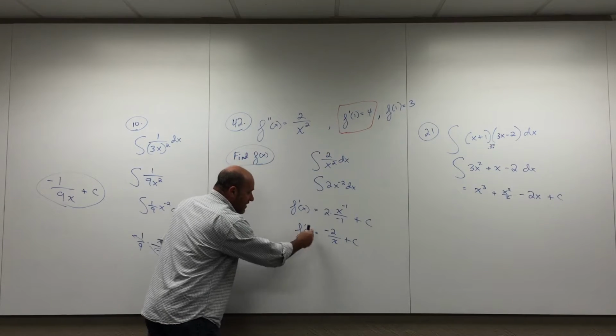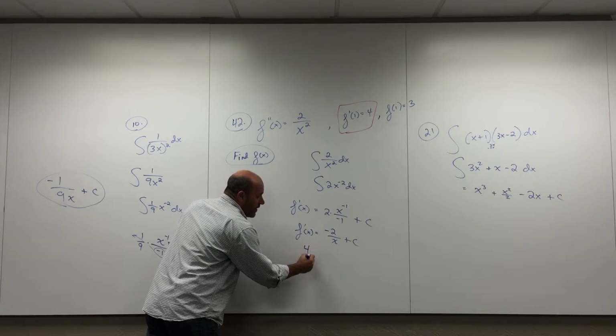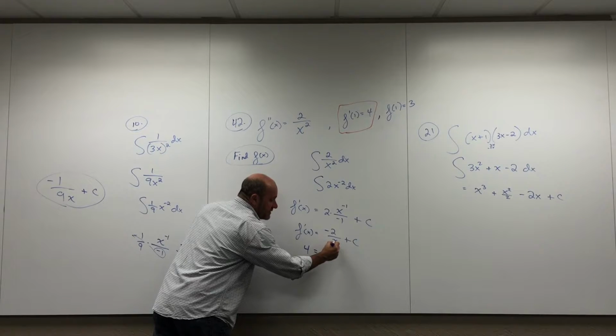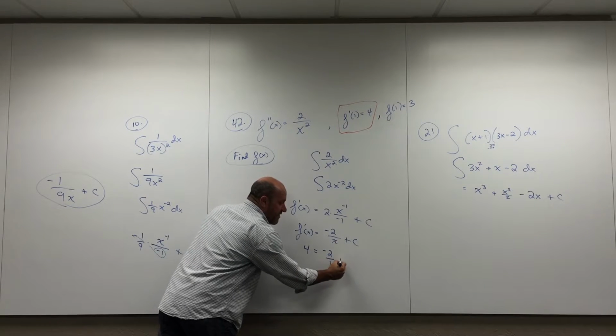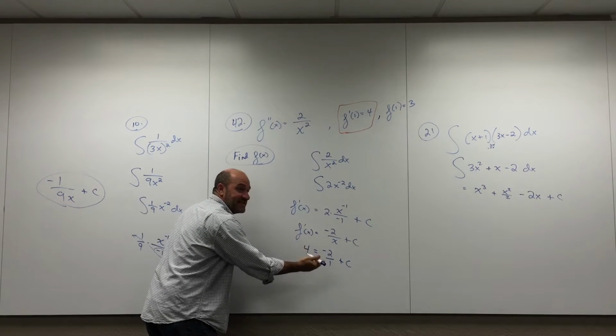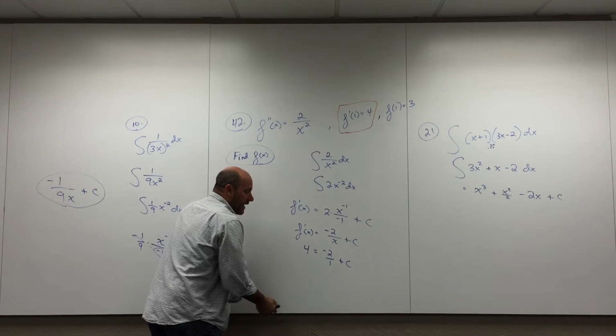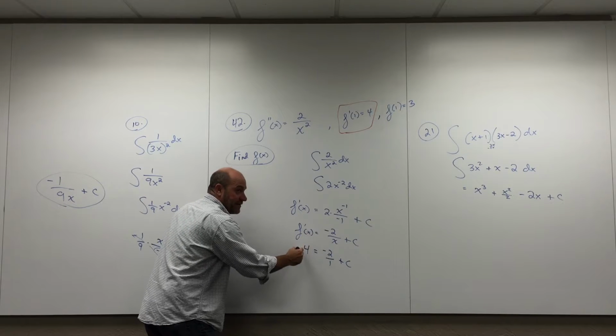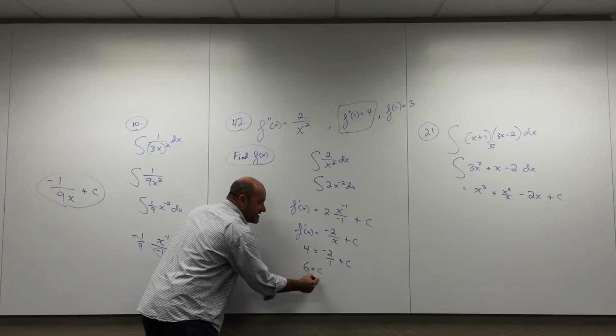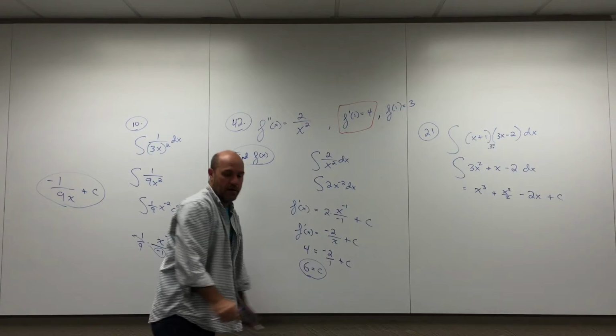So let me try that. The value of this derivative will be a 4. What am I plugging in for x? A 1. And look what that does. That helps me find c. I can find c. Add the negative 2 to the other side. c is 6.